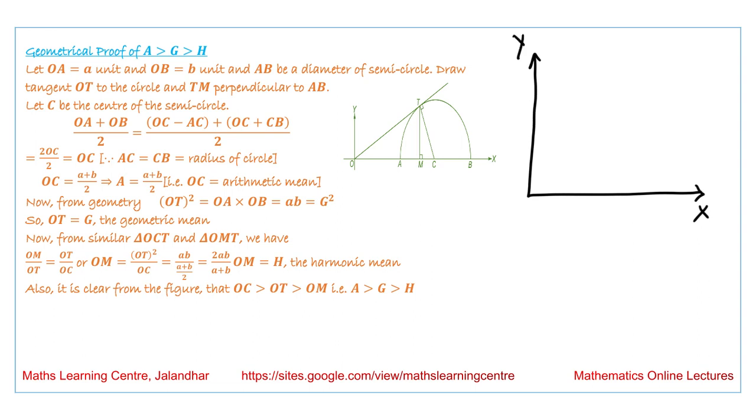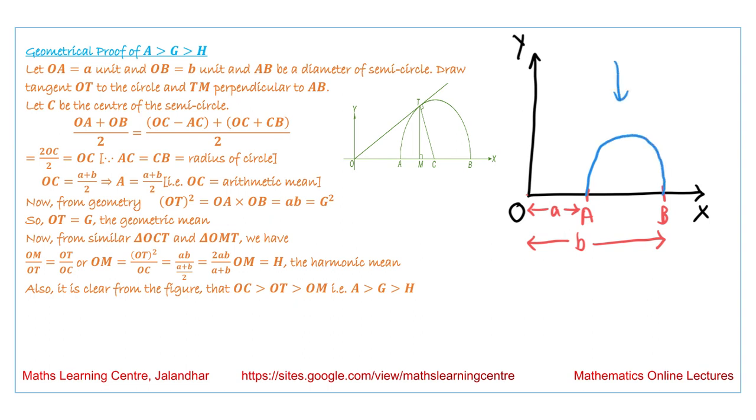We have marked the origin O. We mark a point A, where the length OA is A units. We mark another point B, where the length OB is B units. And next we draw the semicircle with AB as the diameter.